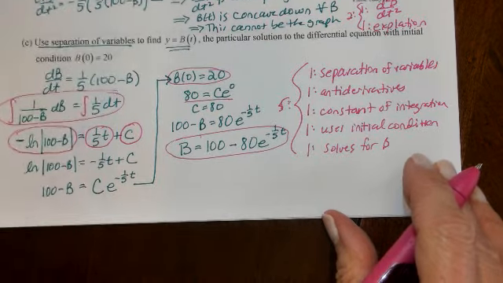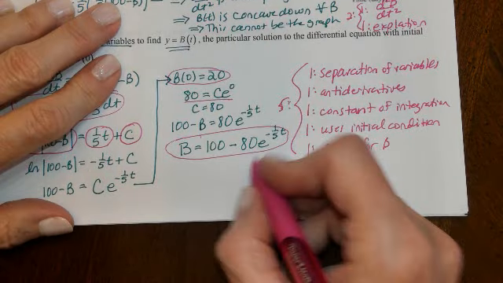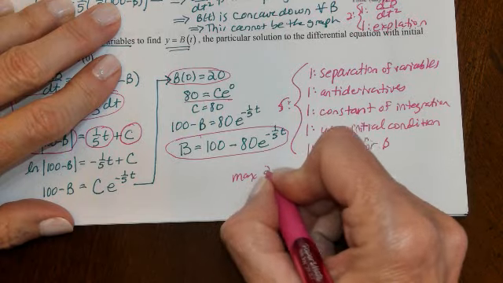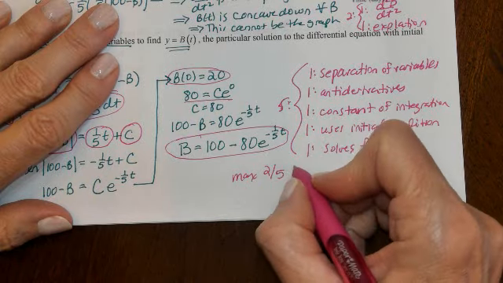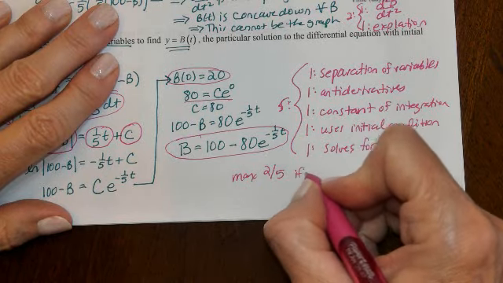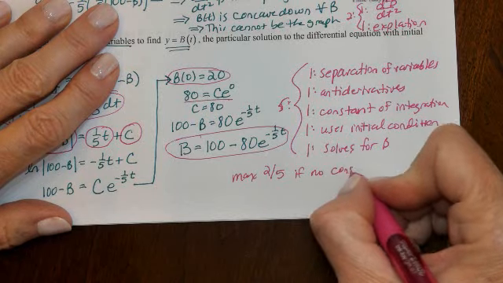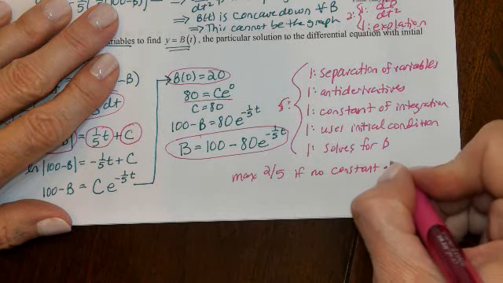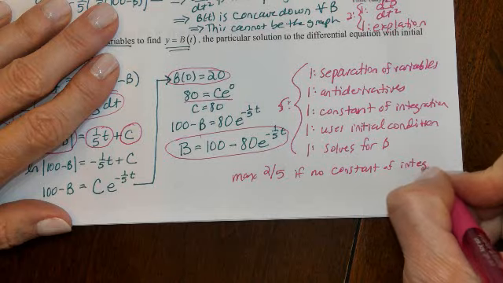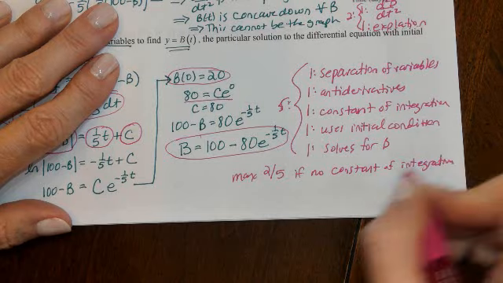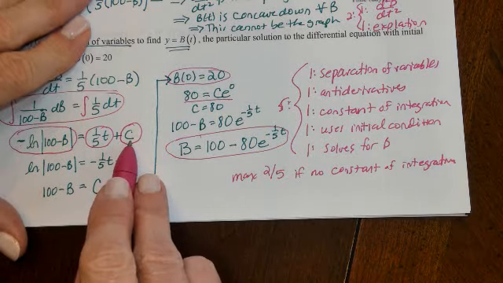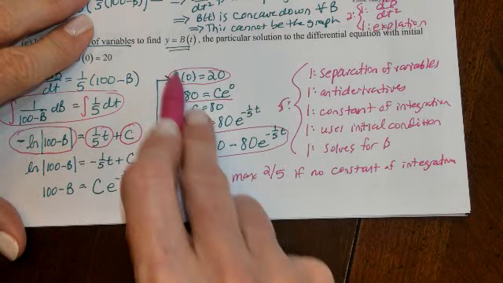Okay, once again, they made a notation. Maximum 2 out of 5 points if no constant of integration. So if no plus C. So if you did not do this plus C, they didn't even give you any of this.